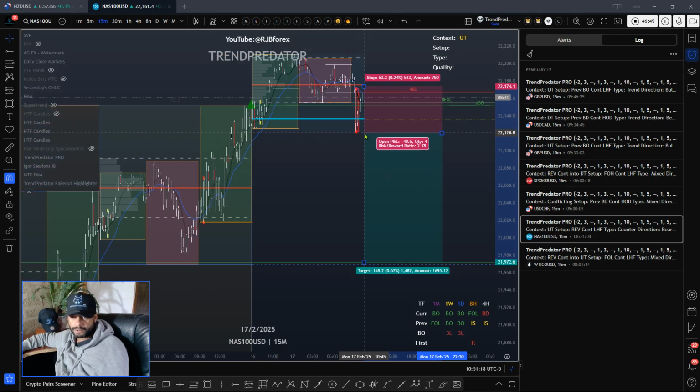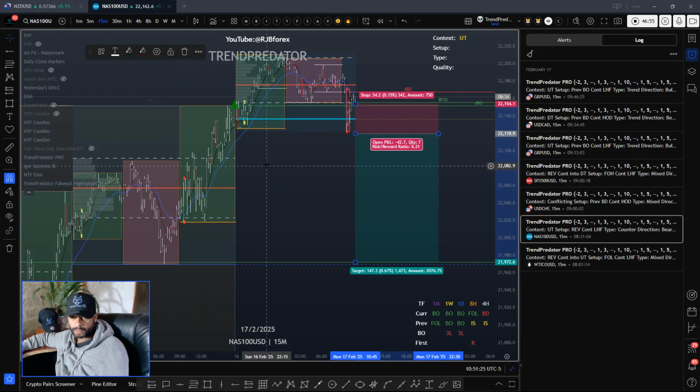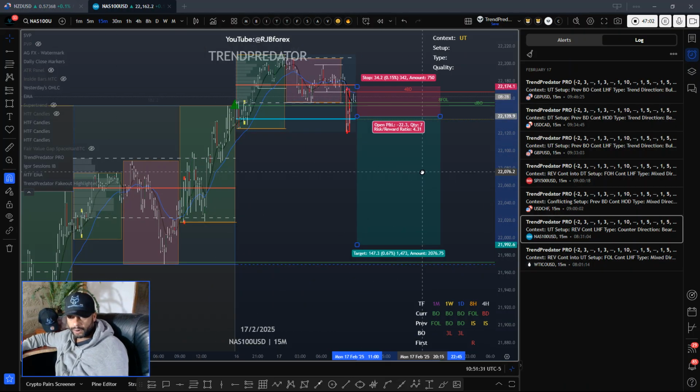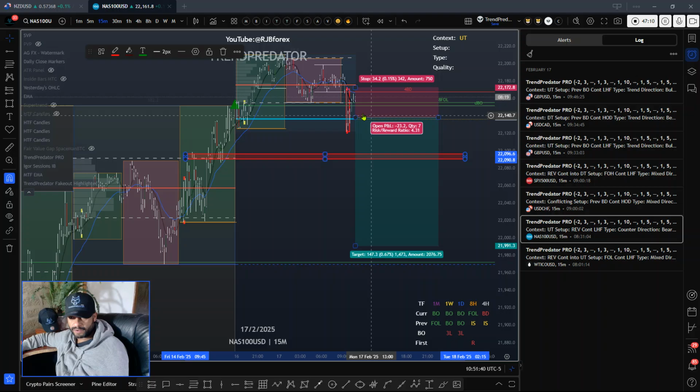Or if taking below here, then you're going to be more conservative with your stop loss. Concerned about the value area high as well. It's a bit risky, not ideal, or very risky, I'd say, with that value area high as a support area. Volume profile.